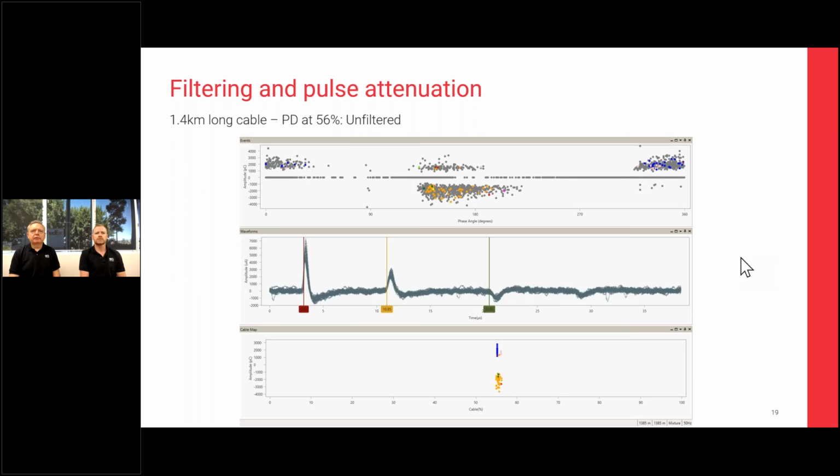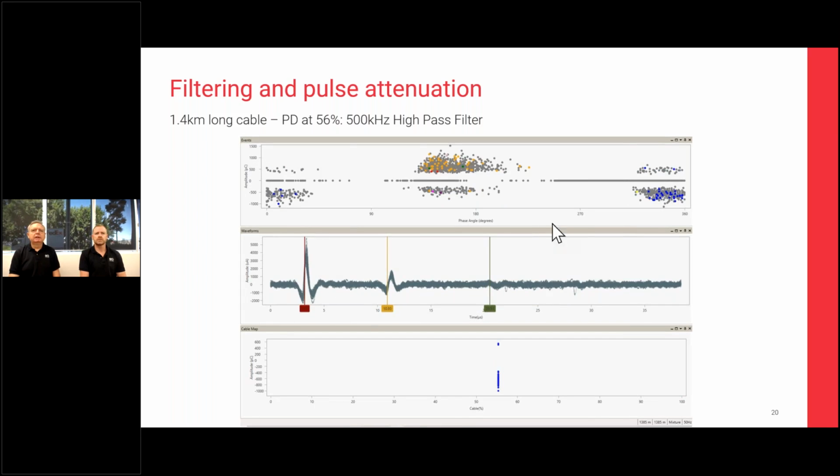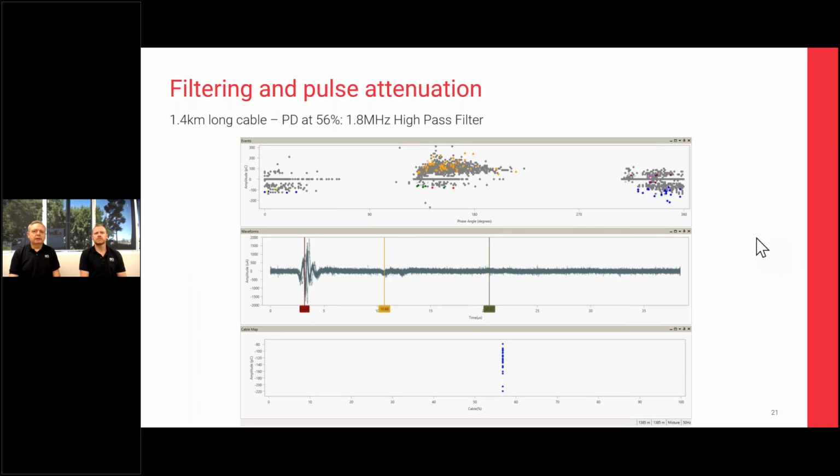If we were to apply that 500 kilohertz high pass filter, you can see again we can still see quite conclusively the 3 peaks, and locate the discharge, and we can still see the clustering. And applying the 1.8 megahertz filter, we can see the reflected pulse, we can see the first pulse, we can see the clustering. We're starting to struggle to see that final pulse, which confirms the length of the cable.